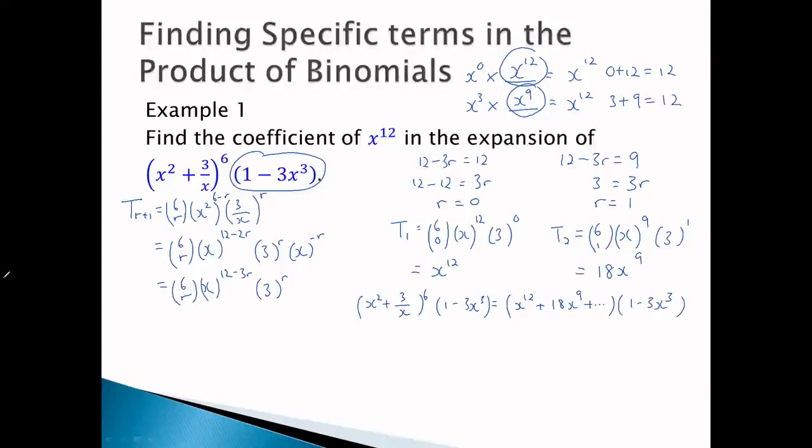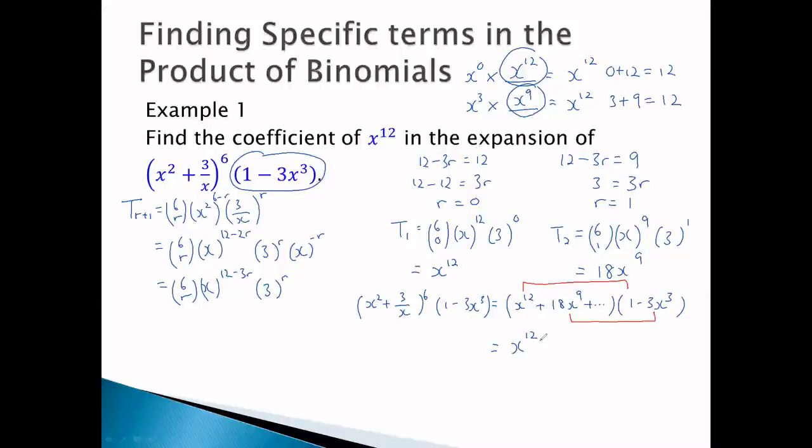So now, let's use a red pen. To get the x to the power 12 term, this x to the power 12 must multiply to this 1, and this 18x to the power 9 must multiply to this negative 3x cubed. Okay, so what's x to the power 12 times 1? Isn't it x to the power 12?